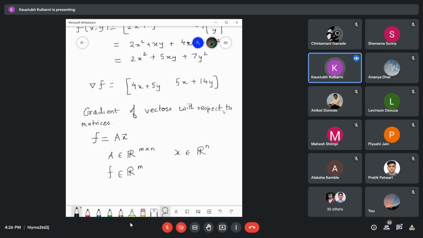Now previously we found a derivative of F with respect to x, that is dou f by dou x.